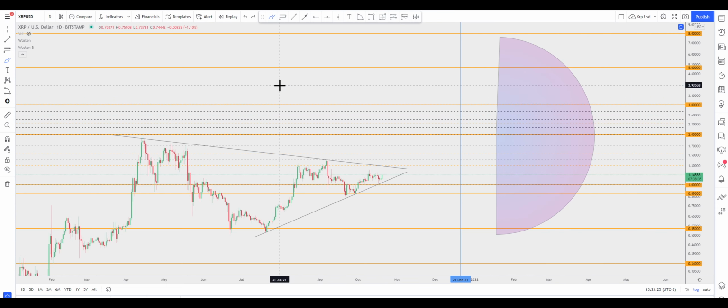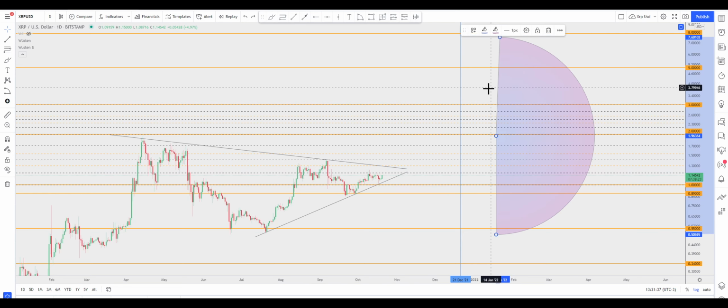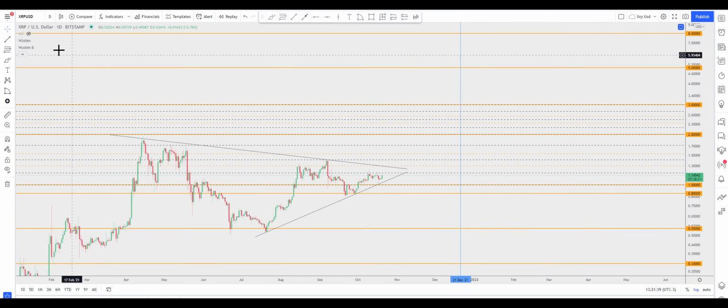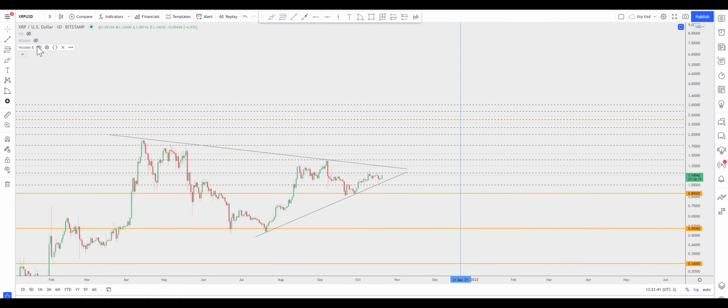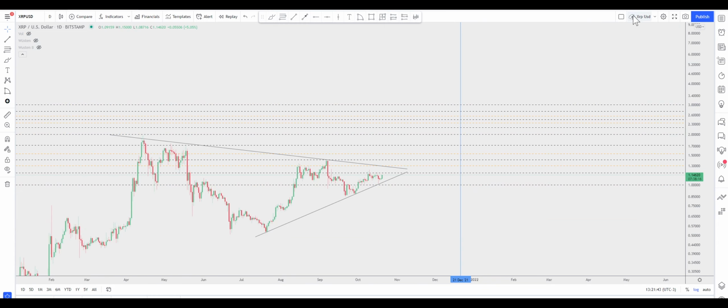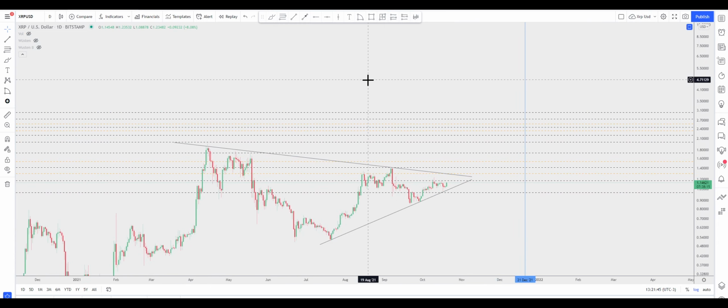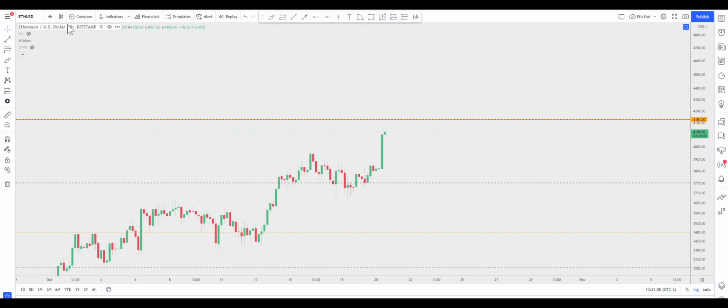And again, I'm not looking to nail tops, especially after the very beginning of bull breaks. Okay, so another thing that we have to take a look at is Ethereum and Bitcoin, because we are also looking at time. We're talking about late December probability.